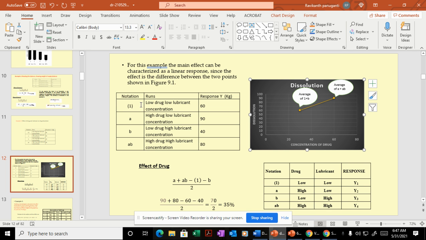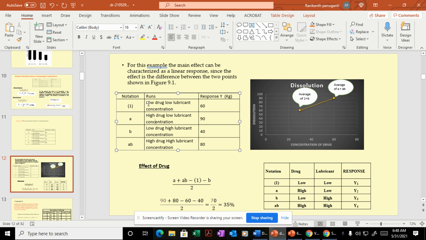Let us assume that we have performed only these two runs. In that case, you will end up with only 30% of drug effect, because here we have taken low drug and low lubricant concentration, and here high drug and low lubricant concentration.